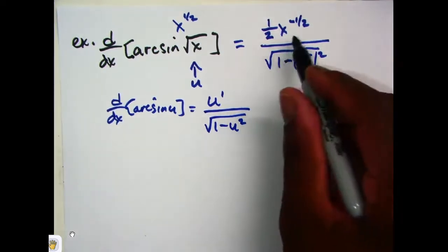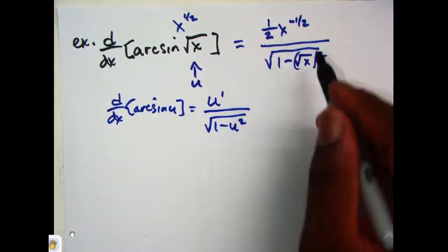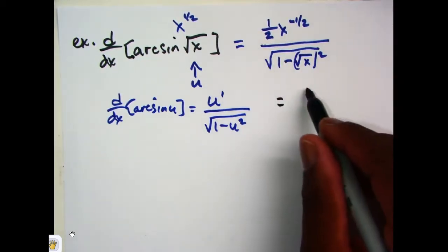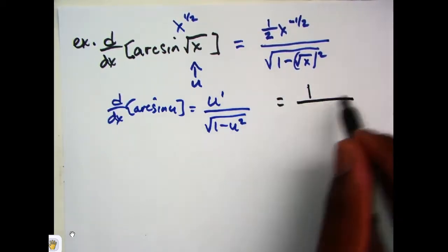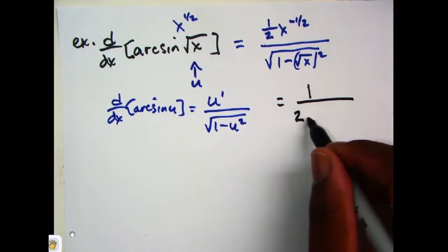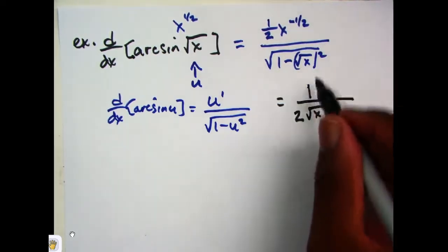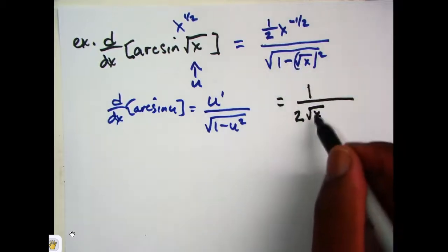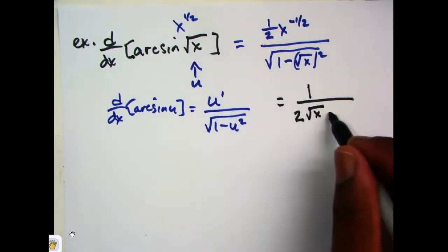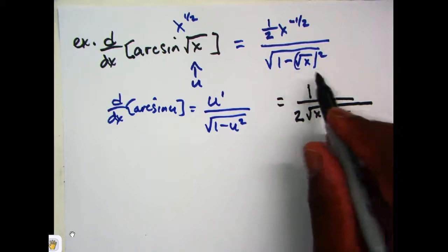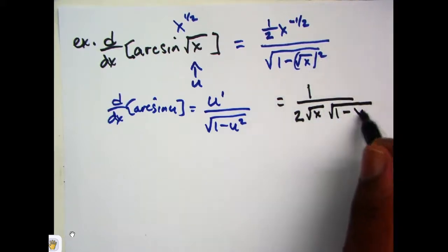Okay, so let's see. This would turn into 1 over 2, then the square root of x, because the x to the negative 1/2 is 1 over x to the 1/2, or 1 over square root of x. Square root of 1 minus square root of x squared is just x.